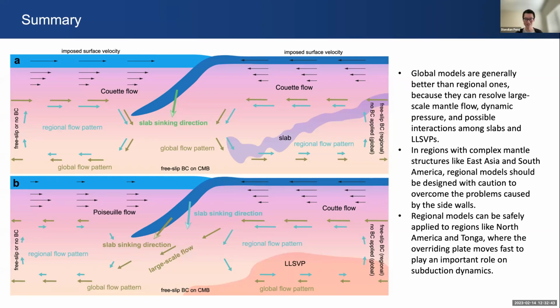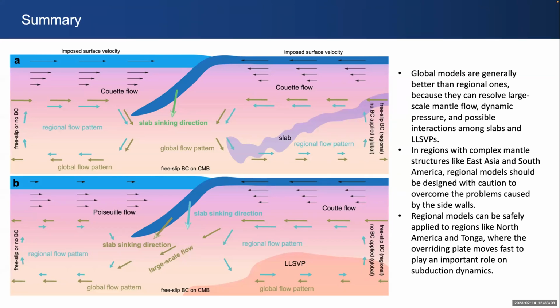Does the regional model have some strengths over the global model? Yeah, regional models. Running a regional model is much cheaper than a global model. This itself is a very, very good advantage.